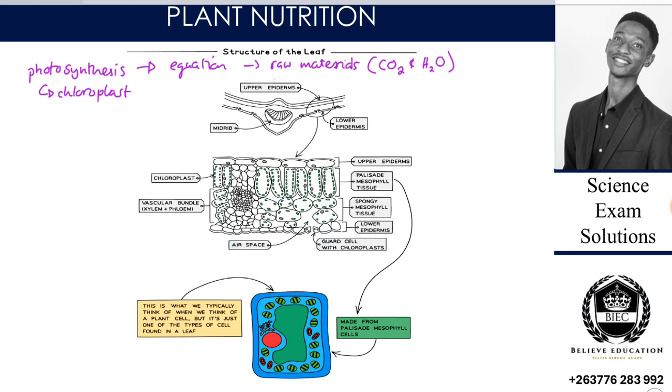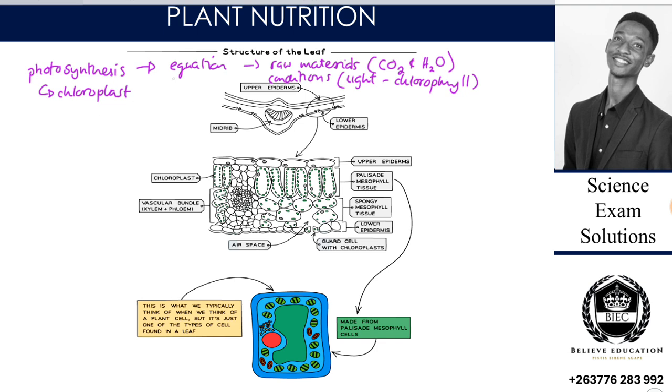And we also talked about the conditions in which photosynthesis has to take place. And we say that it is light as well as chlorophyll. Are we together? And we also talked about the fact that photosynthesis produces starch.